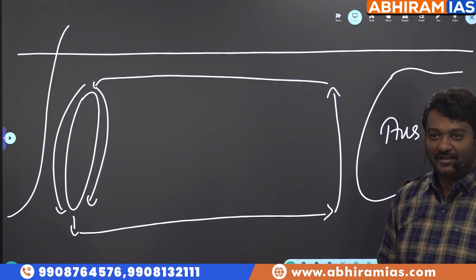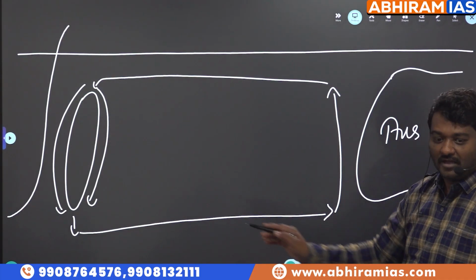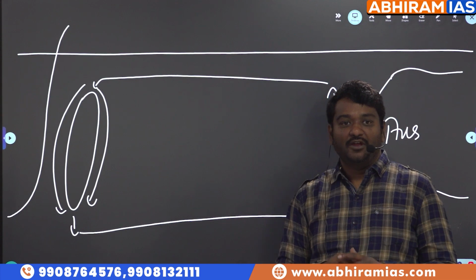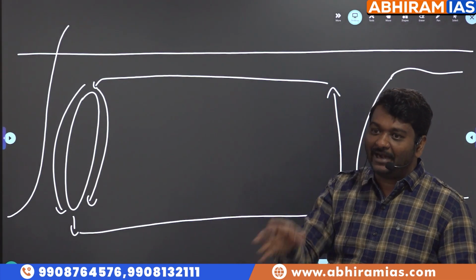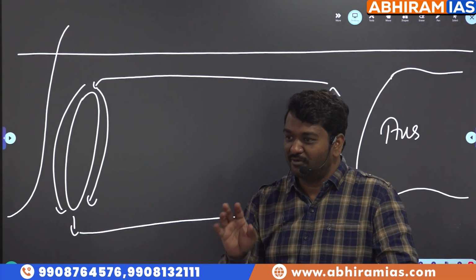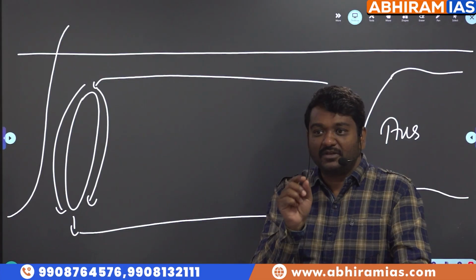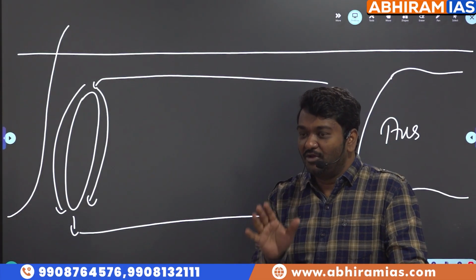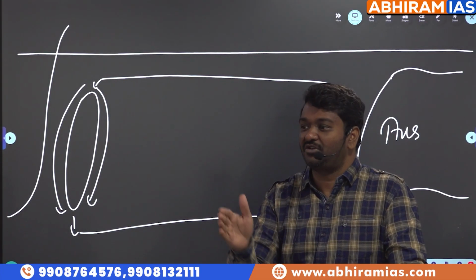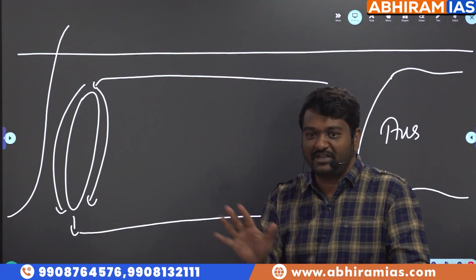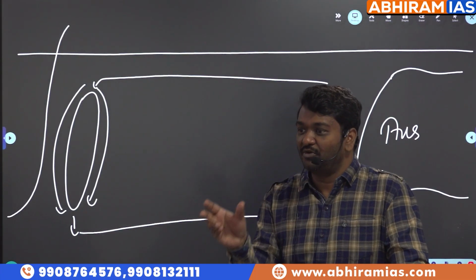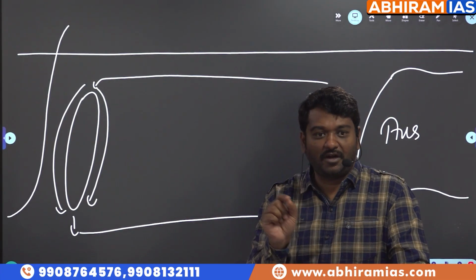But this is basic. First is the continent. Draw a world map, however bad it is. I'm telling you, draw a world map. Why? Because the moment you draw a world map, you will definitely get to know which continent is where, because that mistake no one makes. Once you do that, then you put the Indian Ocean and all.